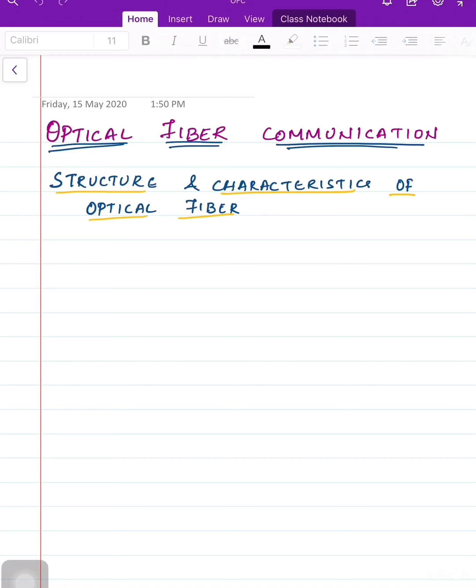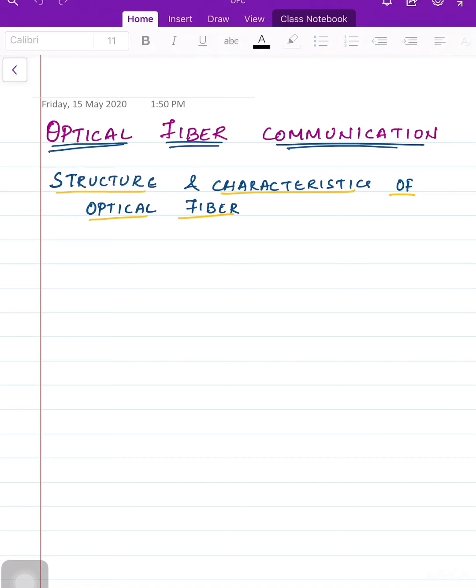When it comes to structure, an optical cable or optical fiber consists of three basic components, and in some books there are four. So we will see what those are. The basic components are the core, the cladding, and the buffer or jacket, you can call it. The core carries the light signal, and we will discuss each component in detail.